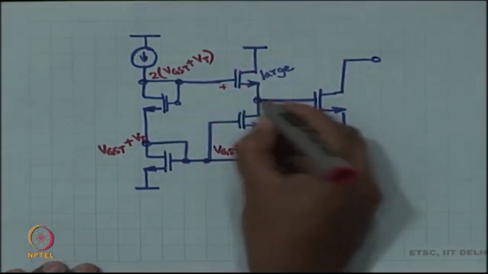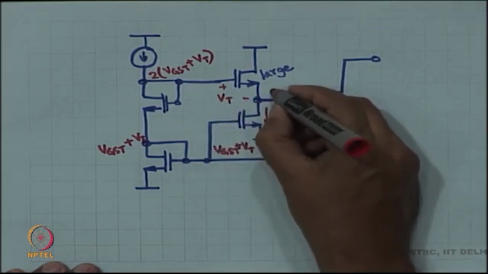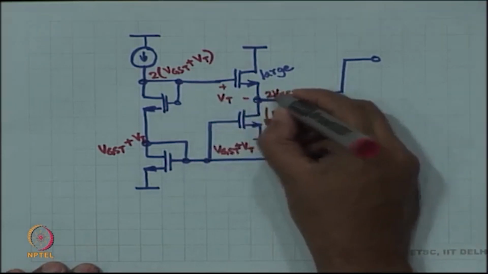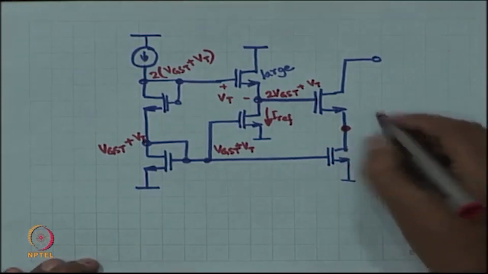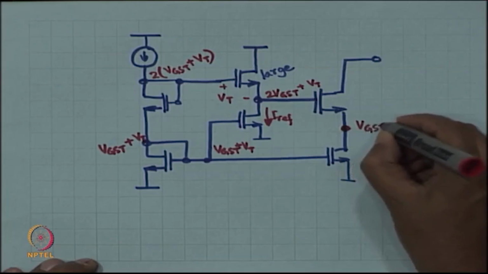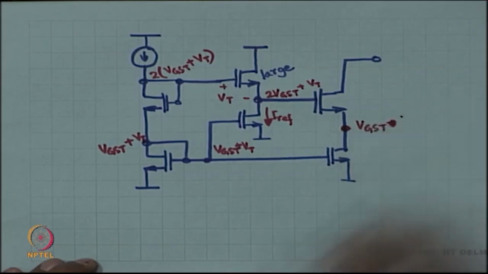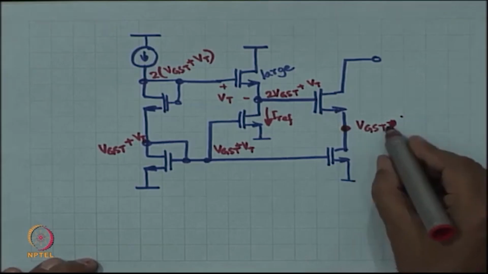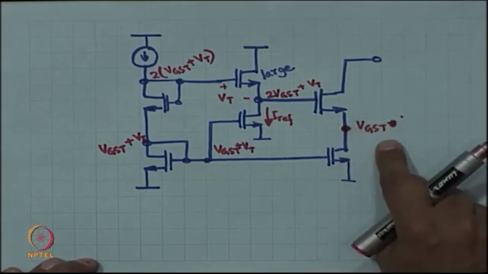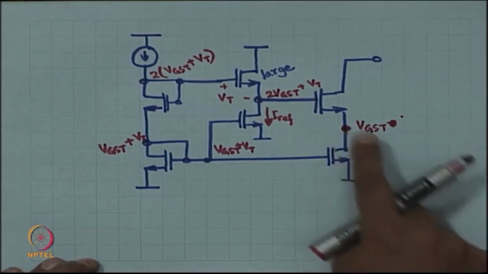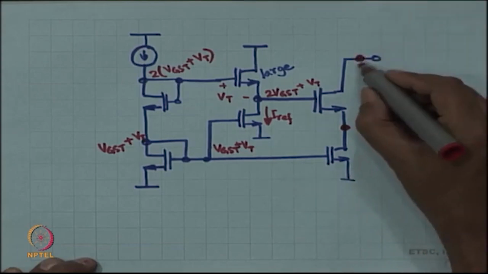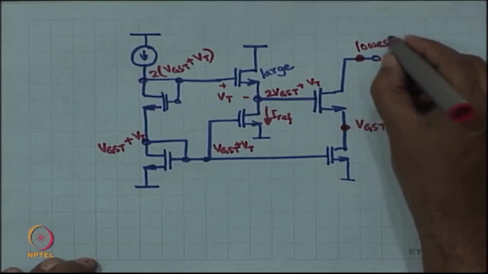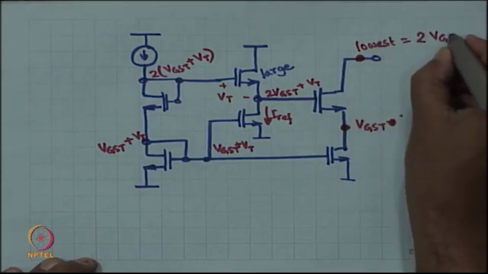This drop has to be Vt, which means the voltage here is 2 times Vgst plus Vt, and that automatically means that the voltage over here is Vgst, okay, which is the lower optimal limit at which this voltage can be. So, this maintains this device in saturation, and therefore, the lowest voltage that this can go to is 2 times Vgst.